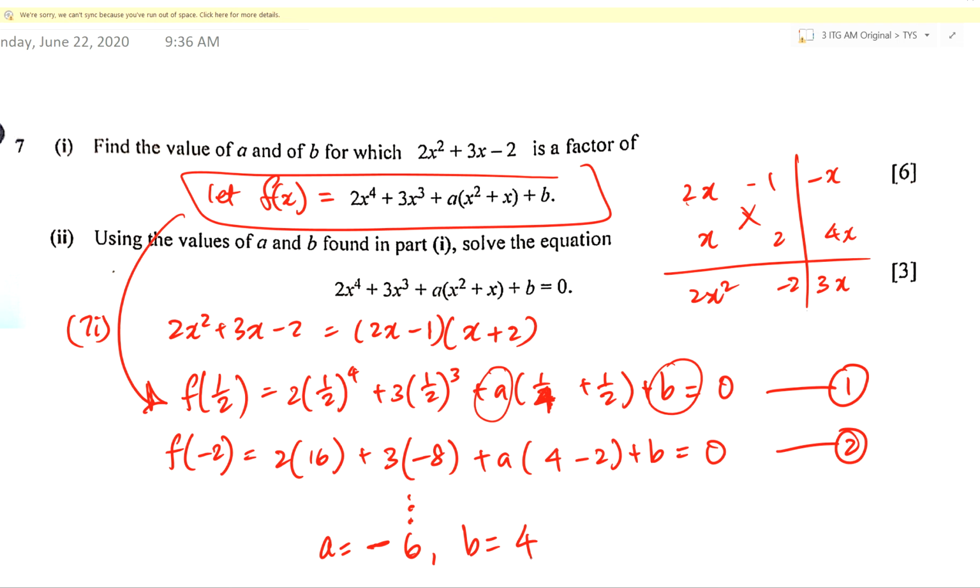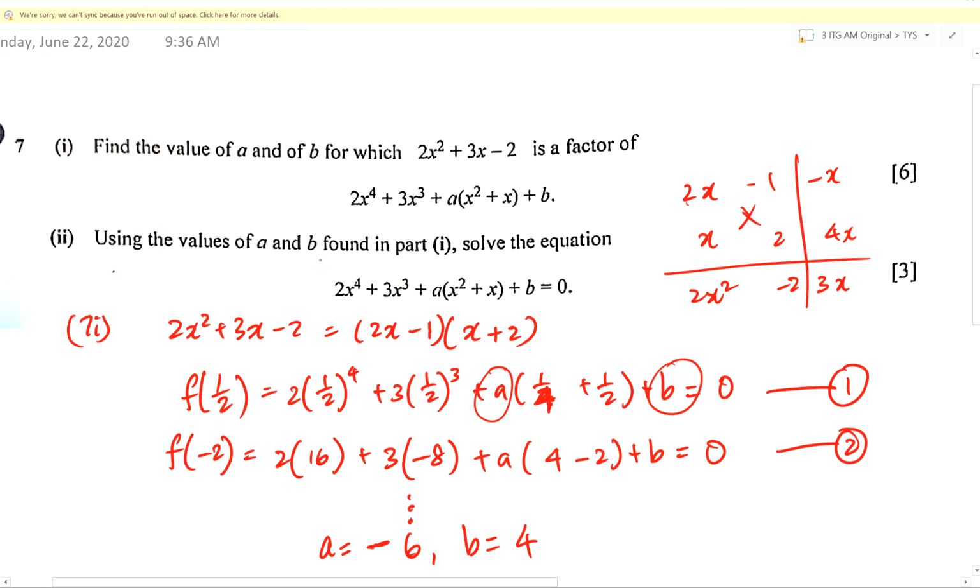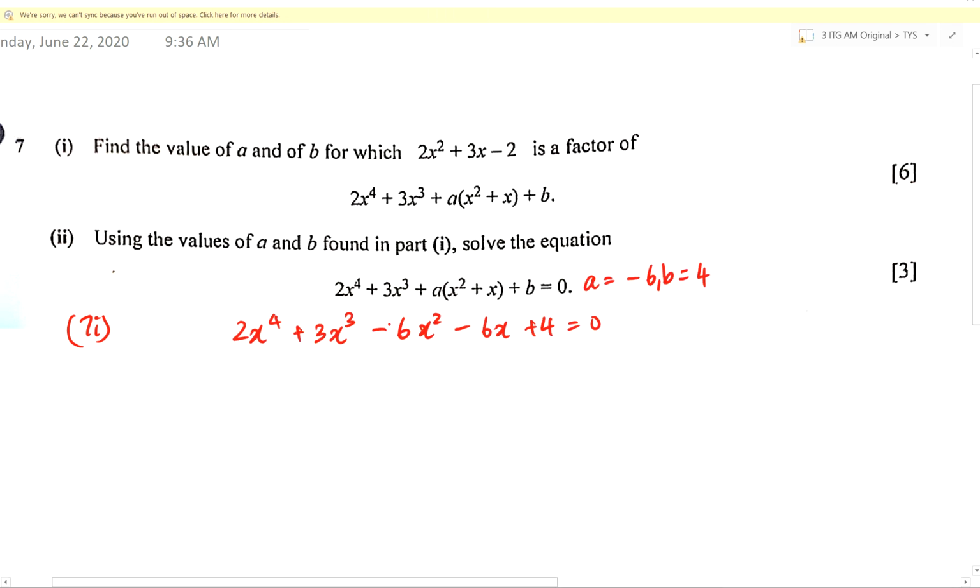Using the values of a and b, solve. So let's do the substitution for a and b. In part 2, this is our equation that we need to solve. To solve an equation with a power 4, we need to separate it into its factors.